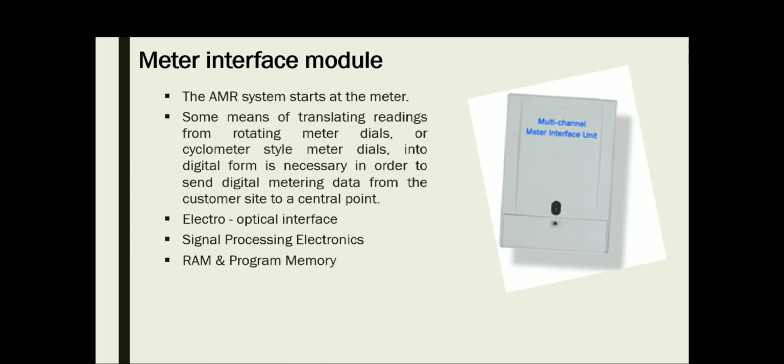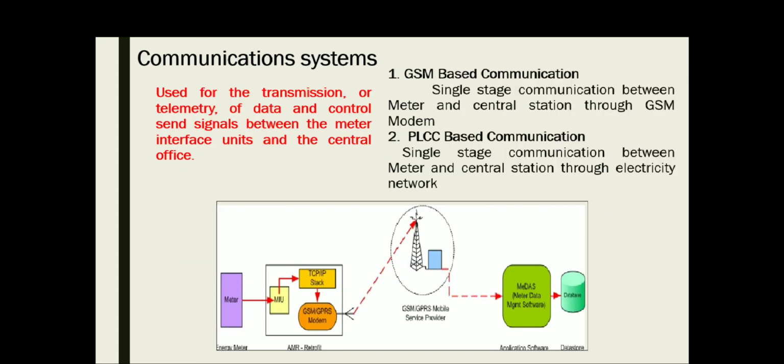This may be an electro-optical interface, and this utilizes signal processing applications in electronics, and it requires RAM and program memory. Then the communication system is another part of the automatic meter reading system. This is used for transmission of data and control signals between the meter interface unit and the central office.